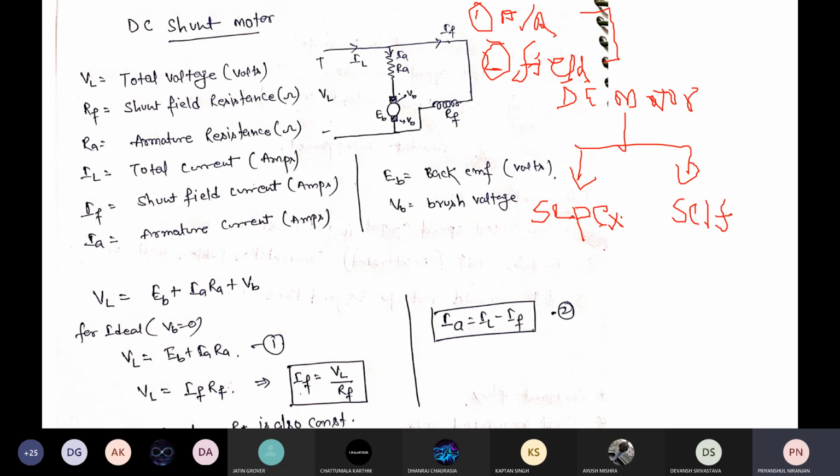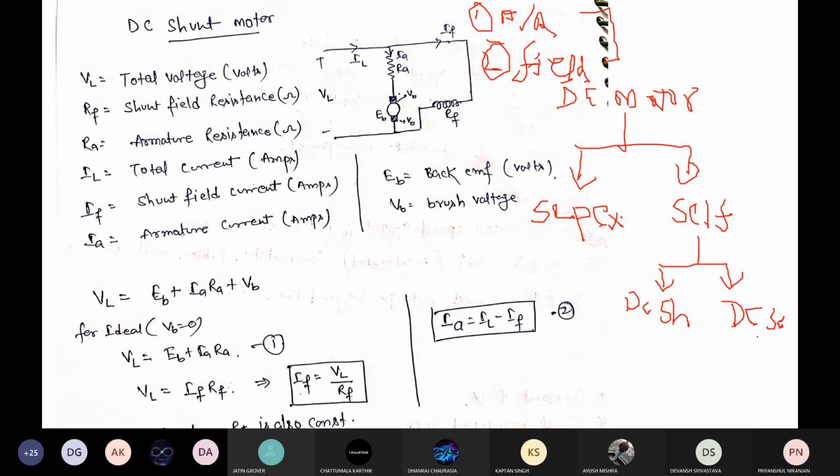Okay. So separately excited means armature winding and field winding are separated. But self excited is divided into two parts. First one is DC shunt motor, and second one is DC series motor.